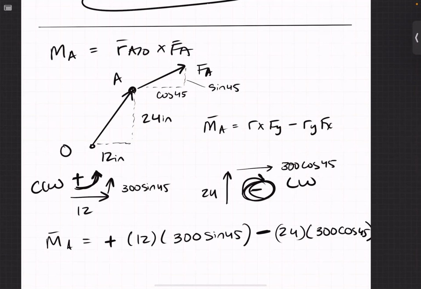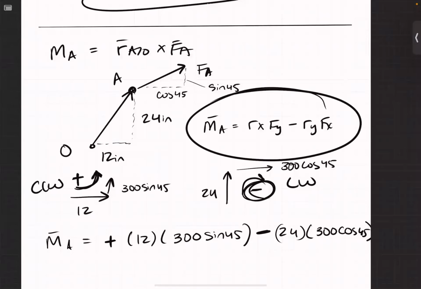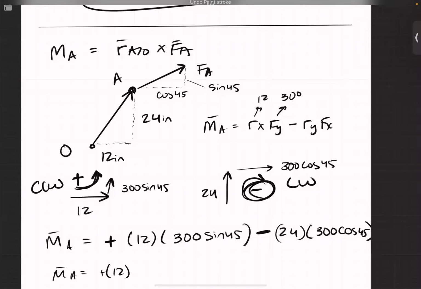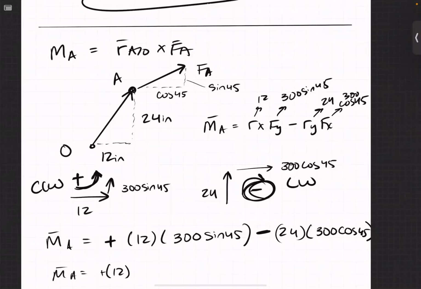That was the manual way, or we could just use this equation and say, we already have calculated the vector form for force of A and R of A with respect to B. So we can immediately put in positive 12, 300 sine 45, wait, x y, 24, and cosine 45, or you use the equation.